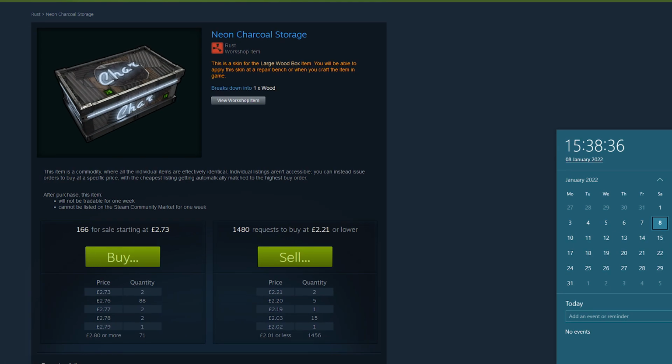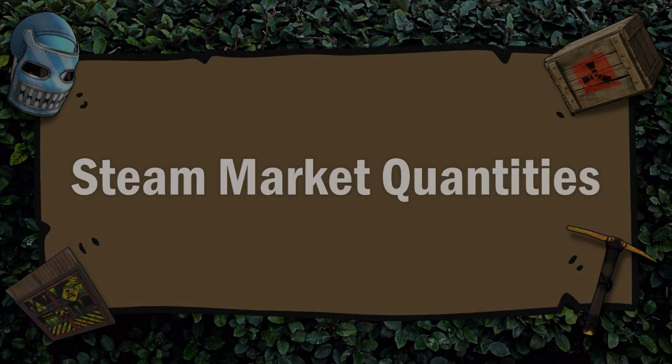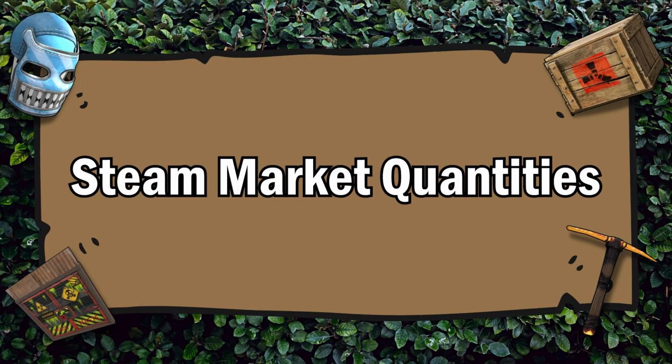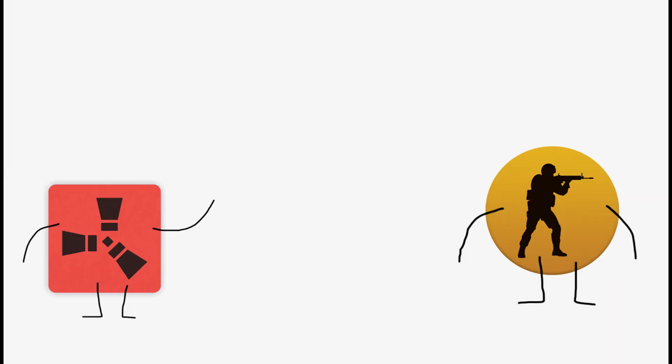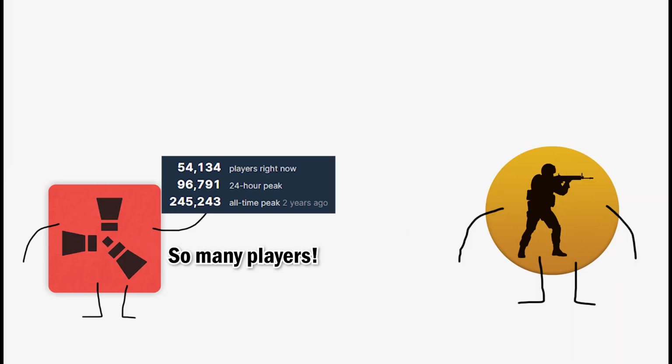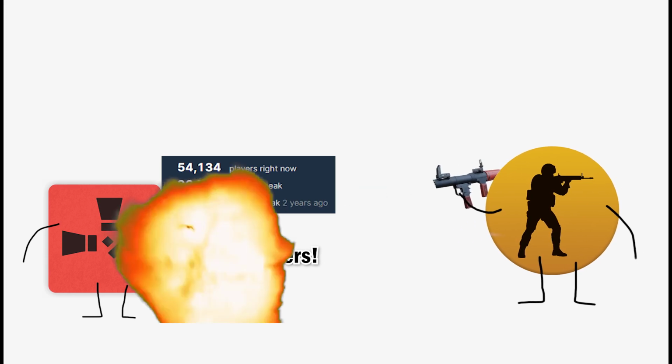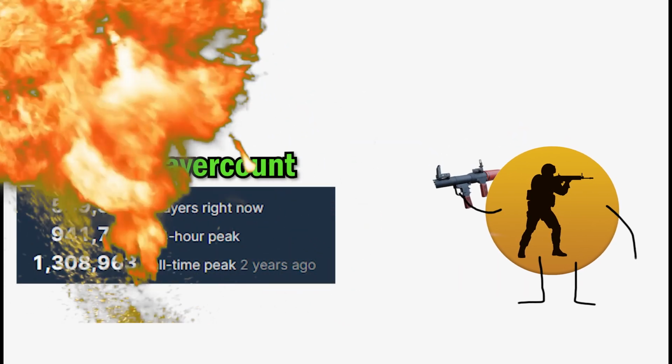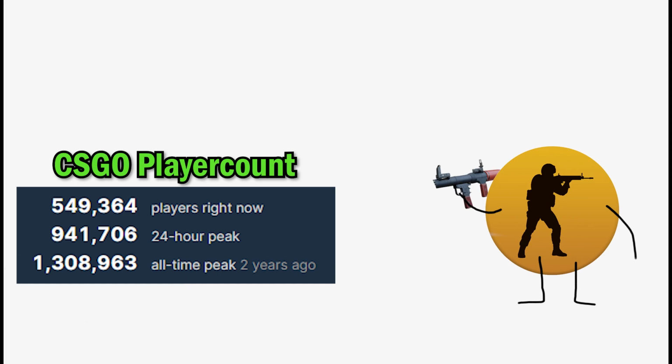So next, I want to give some context about quantities on the Steam market and what likely caused a recent change to skin purchase frequency. Steam market quantities. To give you a good understanding, the Rust economy is not as big as the CSGO economy. The CSGO economy has so many more people involved, and many people constantly buying and selling skins.